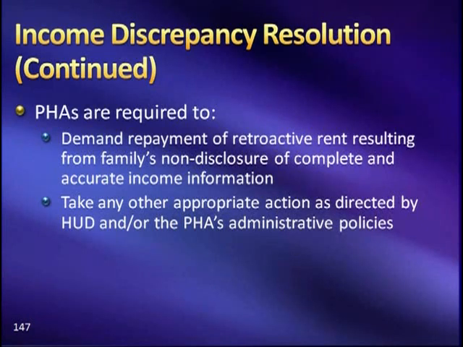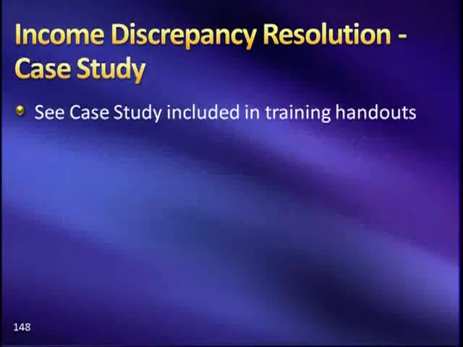So if you have overpaid HAP on behalf of a family who has not reported complete and accurate income, guess what? That money has to come back to you from the tenant. And that has to go back into your net restricted assets account, okay? So they have to repay, and we encourage you to take any other appropriate action as directed by HUD and or PHA administrative policies.